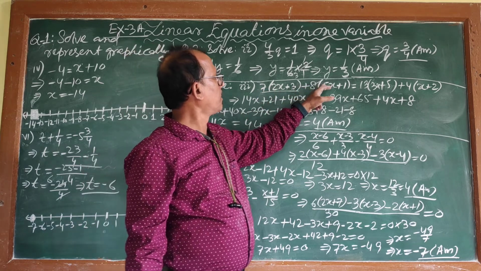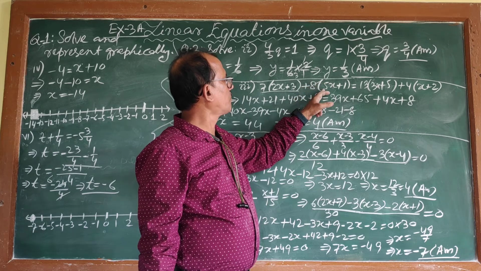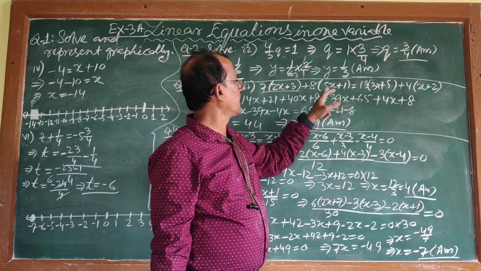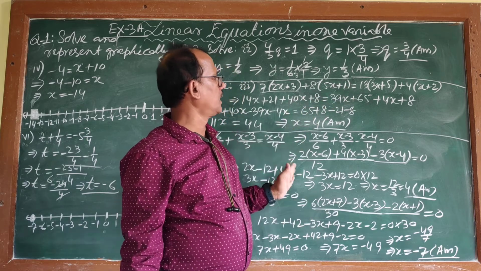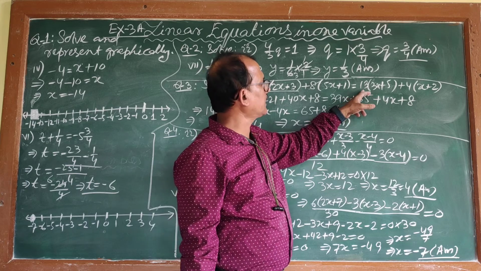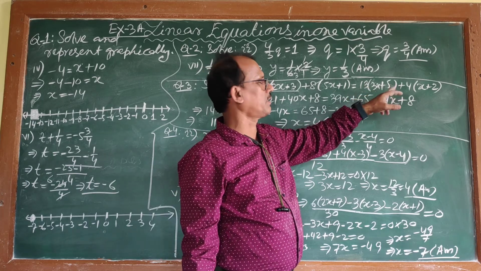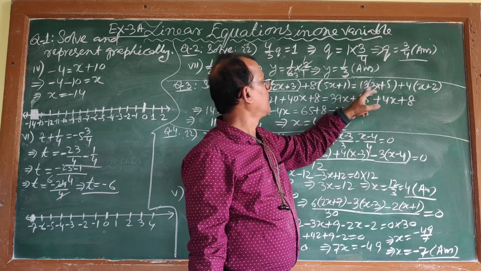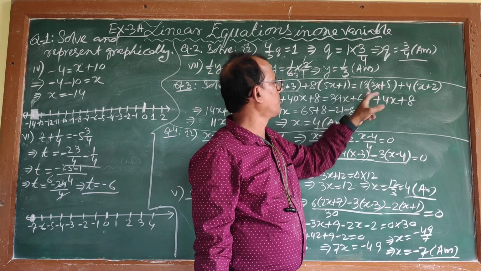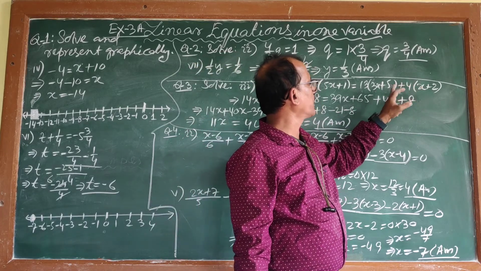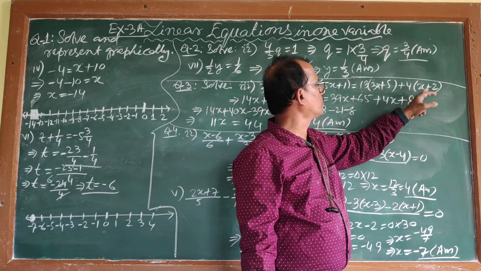Similarly, plus 5x are 40x, plus 8 ones are 8. So 40x plus 8. The left hand side is over; do the right hand side similarly. 13 multiplied by 3x plus 5 will become 13 into 3x, that will be 39x, and plus 13 into 5 is 65. Now multiplying with 4 into x is 4x, plus 4 2s are 8.